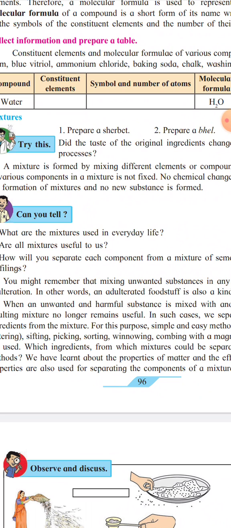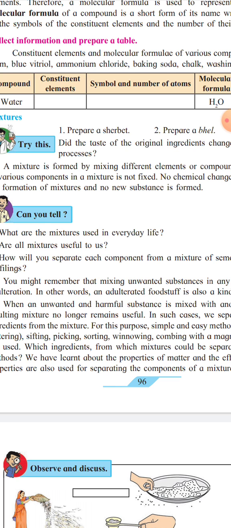Oil and water, lemon juice, sharbat, bhel, honey, tea, milk and chocolate, coffee and cream, salt and water, smoke and fog in the air, oxygen and nitrogen, salad, milk.